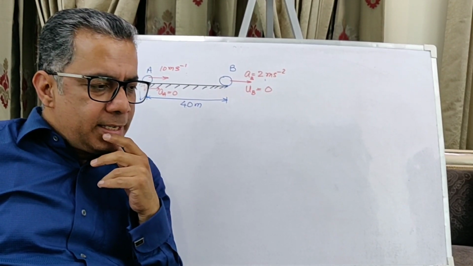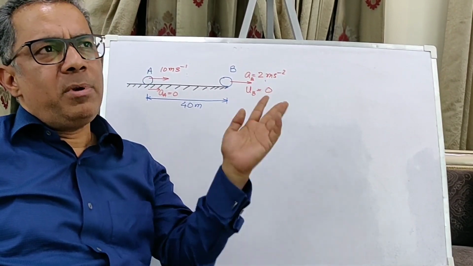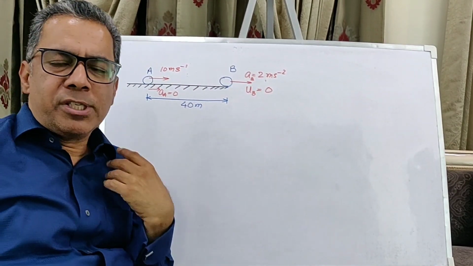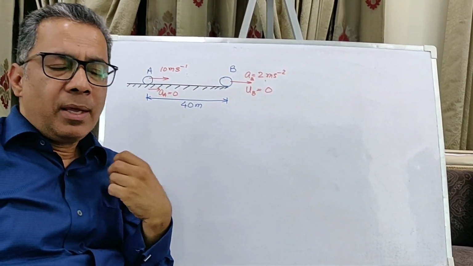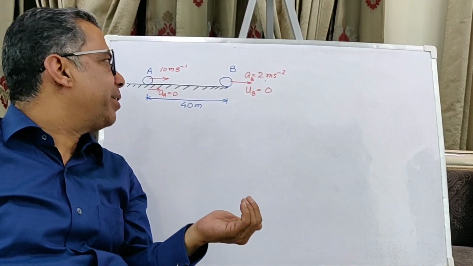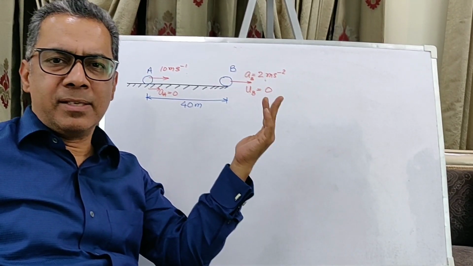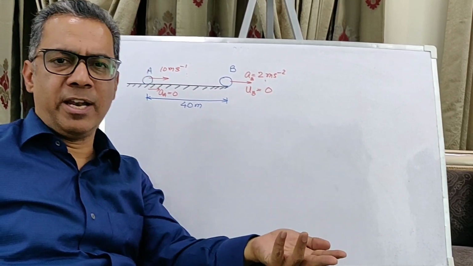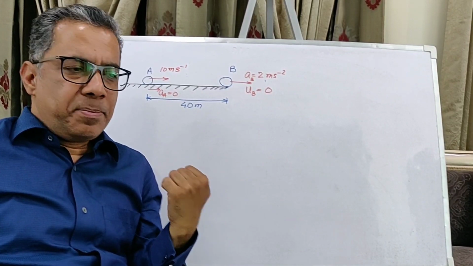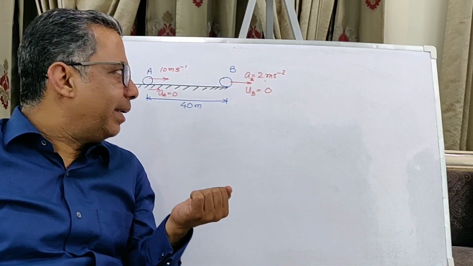Now if you look at the motions individually, the problem may be a little more complex because you have to look at two different motions taking place at the same time. But if we convert this problem into a problem of relative motion, let's say we look at motion of A with respect to B, then B is at rest in the study of relative motion. B is at rest and only A is moving. And the problem therefore becomes that much simpler to handle.